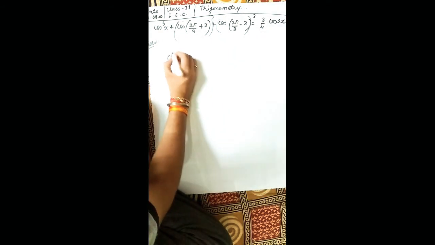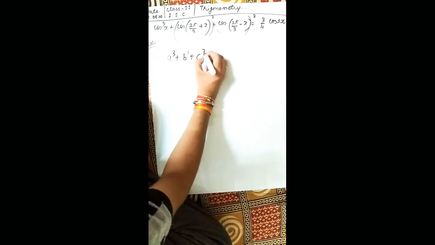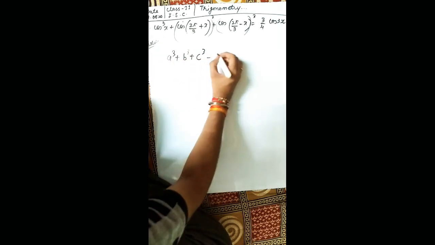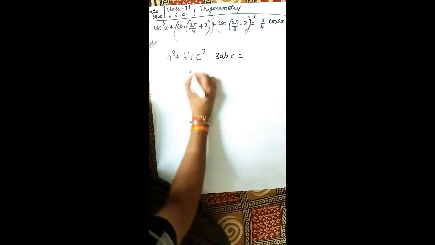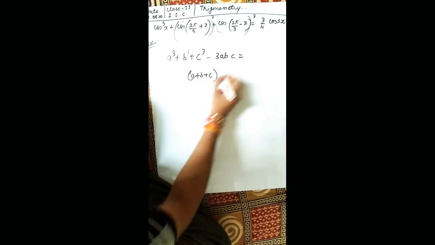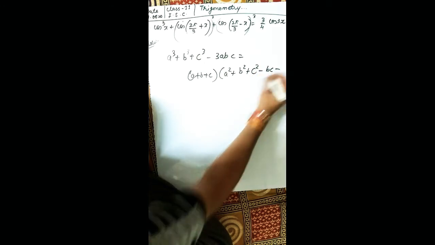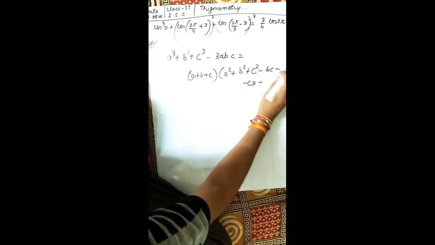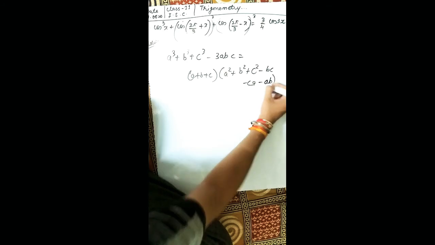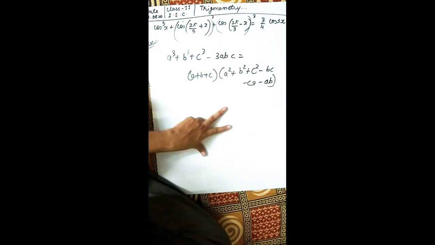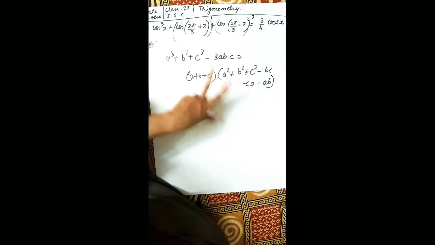I think you have seen this formula, that a cube plus b cube plus c cube minus 3abc is (a plus b plus c)(a square plus b square plus c square minus bc minus ca minus ab). In the 9th class, you have seen this identity.